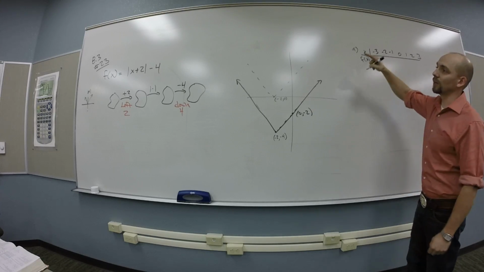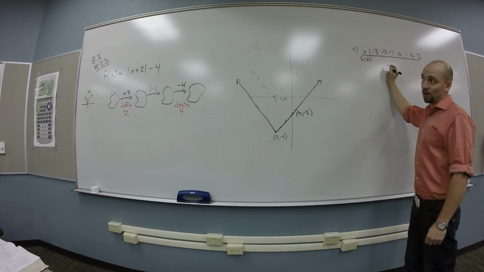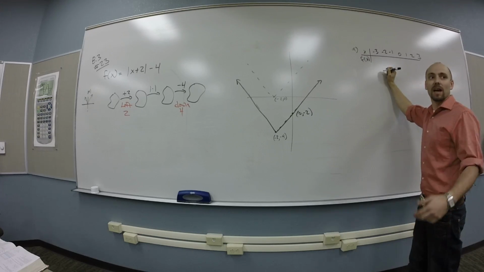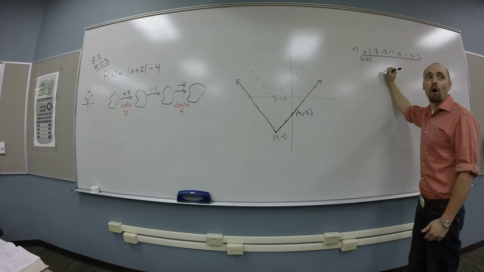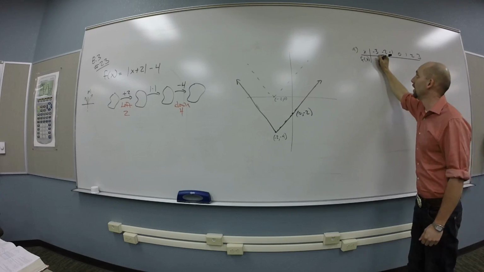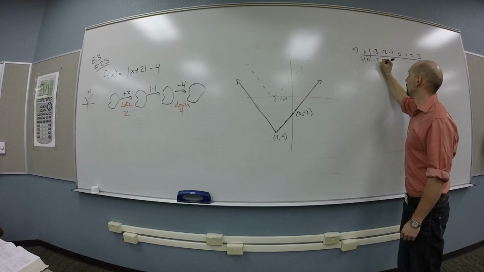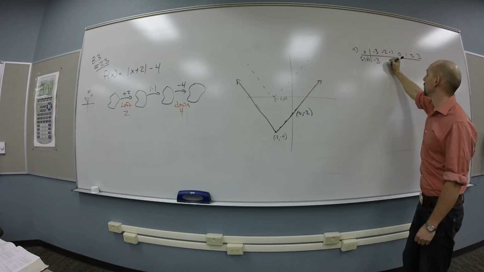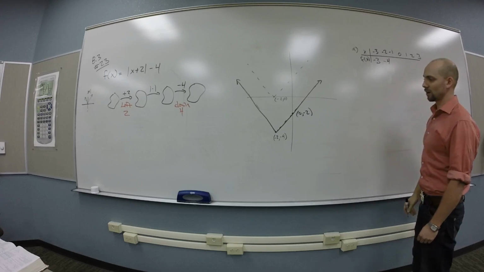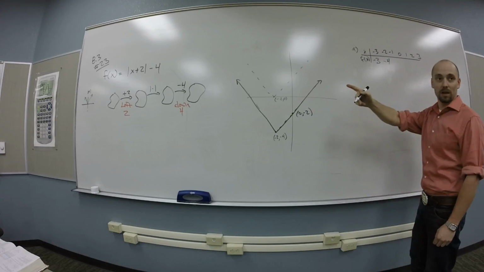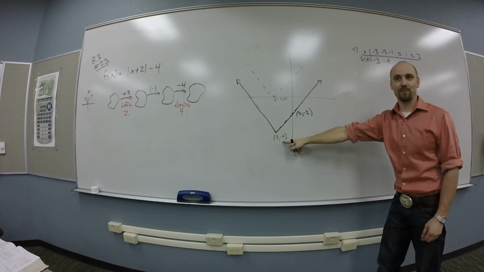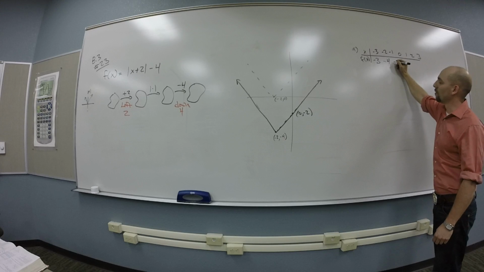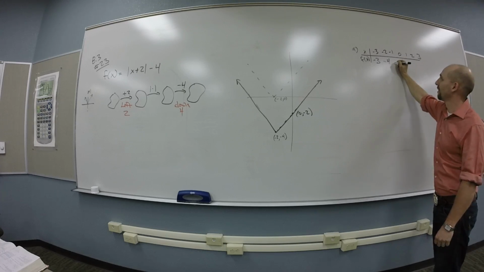So when I plug -3 in, I take the absolute value of negative 1, I get 1. Then I subtract 4, so I get negative 3. When I plug negative 2 in there, I get negative 4. How did I know that? I could plug it in, but I already did. That's my vertex. Now when I plug negative 1 in, what do I get?